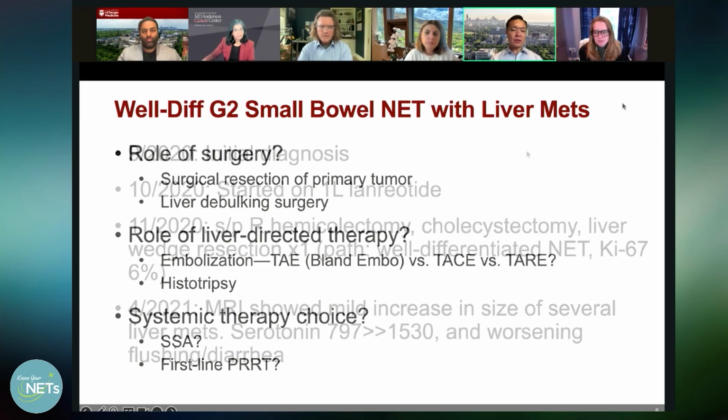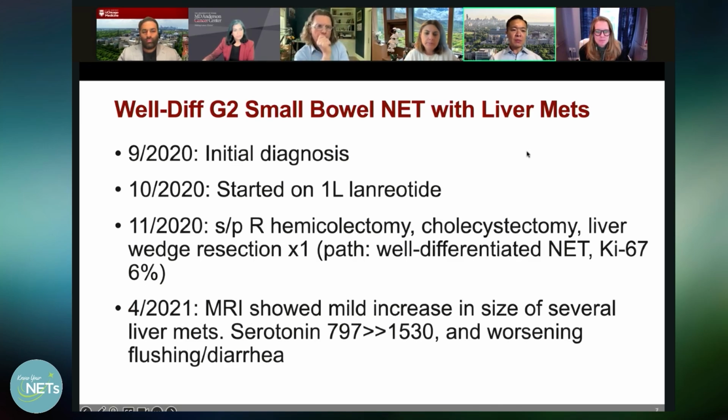Yeah, that's a great point. So this is the timeline. She was diagnosed in September 2020. We started her on first-line lanreotide, and then because she was symptomatic from her primary tumor, she had surgical resection of the primary tumor, cholecystectomy, but also a liver wedge resection that showed a grade 2 well-differentiated neuroendocrine tumor, Ki67 6%.